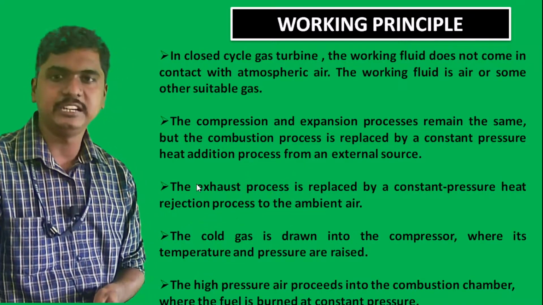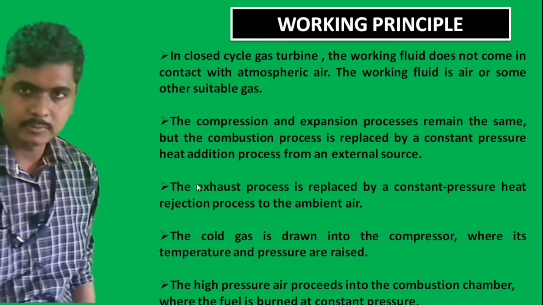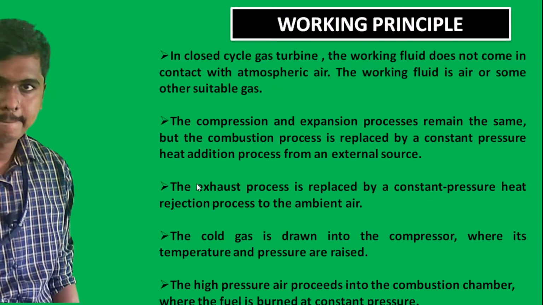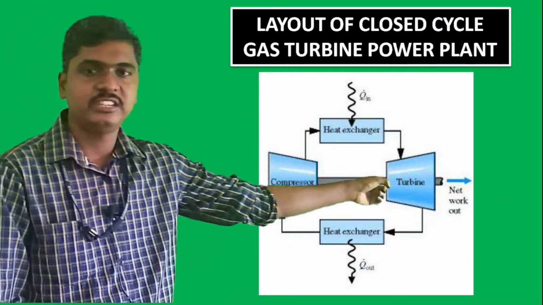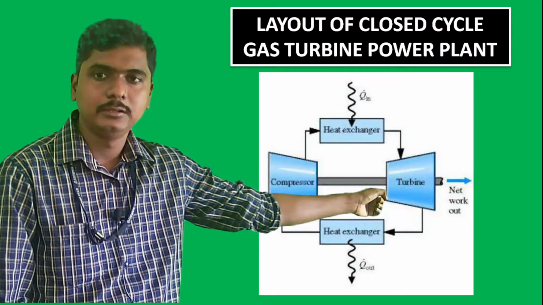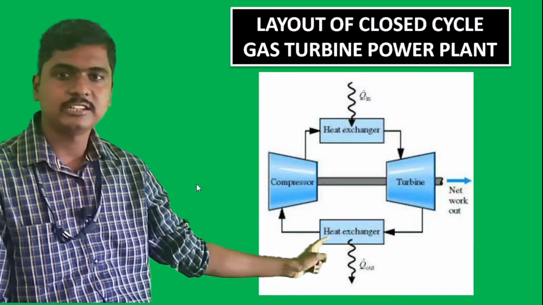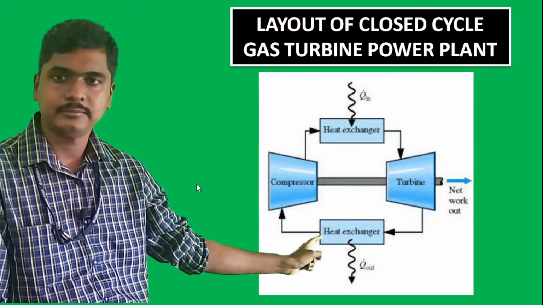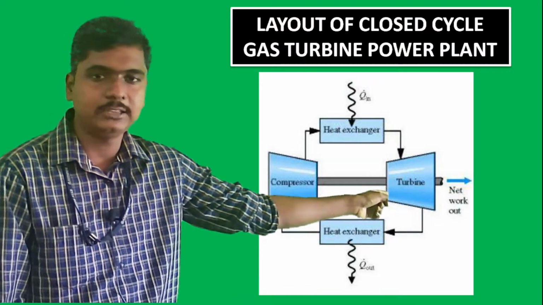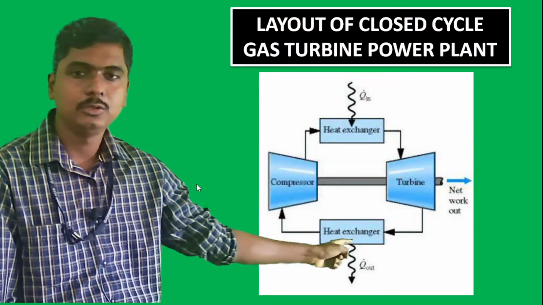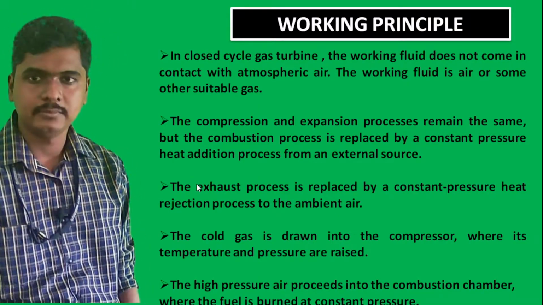Now the exhaust gas coming out from the turbine is directed to a constant pressure heat rejection. Instead of directing those gases to the atmosphere, we direct the exhaust gas from the turbine to a constant pressure heat exchanger.